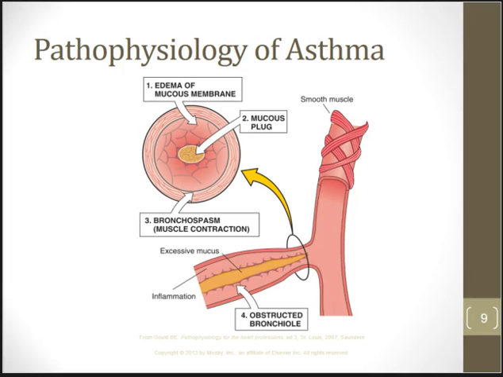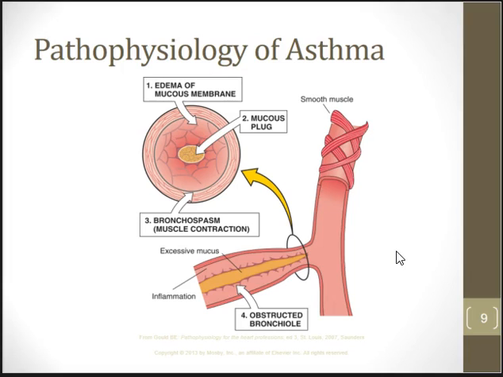Now, here's a picture of what asthma looks like and the changes that are occurring. So asthma is kind of, in a sense, a positive feedback kind of thing going on. It perpetuates. So it causes a bronchospasm, which in that spasm, causes inflammation. And when the spasm occurs, it causes the mucous membrane to secrete mucus, and then that creates a mucus plug, and then it causes more swelling, and that causes more spasms.